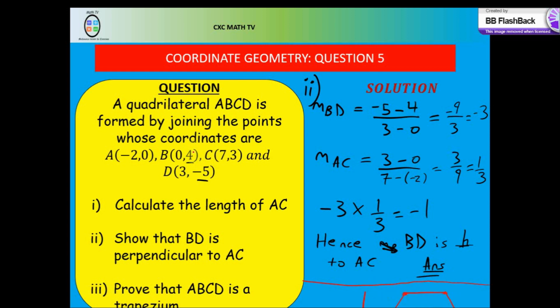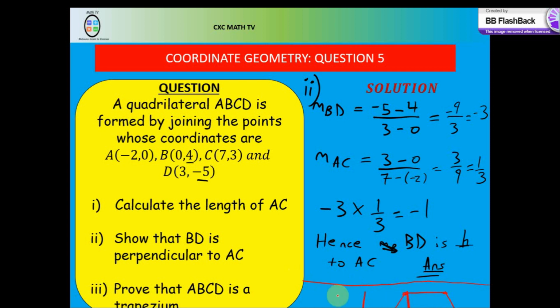So we need to show that there are two sides that are parallel, and then we have our perpendicular line already. We will show that BD is perpendicular to AC. So we know that one side is perpendicular.